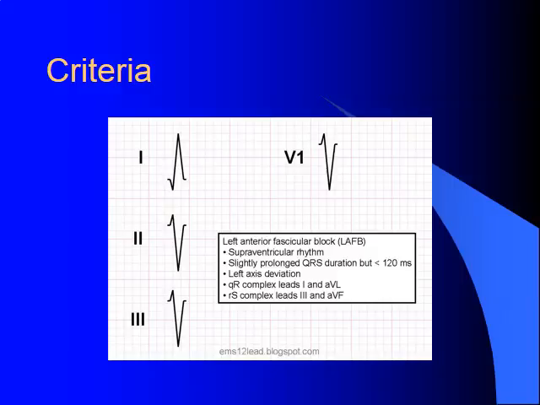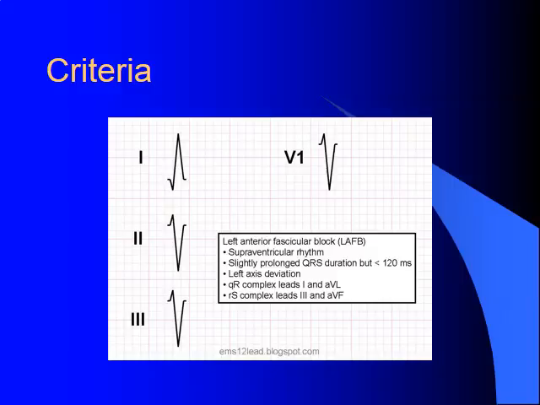We're going to have a supraventricular rhythm, a slightly prolonged QRS duration, but not greater than 0.12 seconds. We'll have left axis deviation. We'll have a Q wave in leads 1 and AVL, but mostly consider lead 1 right now. And we'll have an R wave in lead 3.